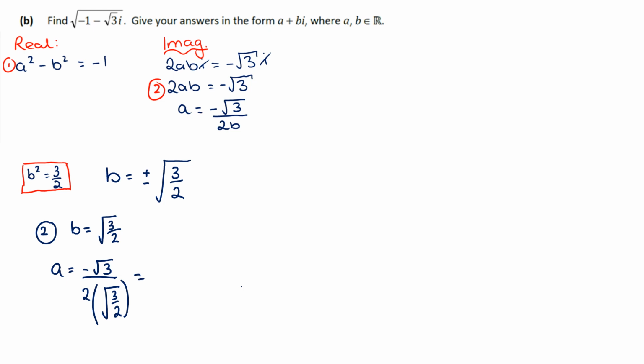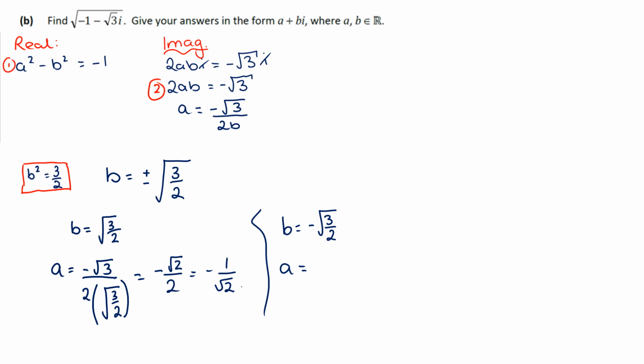If you put that into the calculator, you're going to end up with root 2 over 2. I prefer 1 over root 2 when I work it out. So either of those answers is absolutely fine. And then we can do the second one. So b is equal to minus root 3 over 2. And we get something similar.